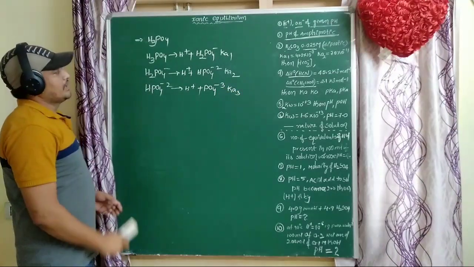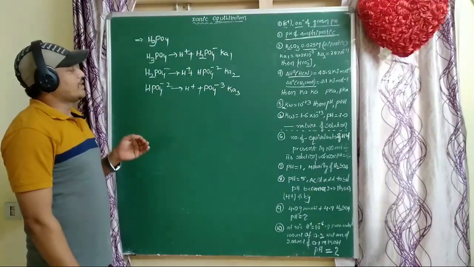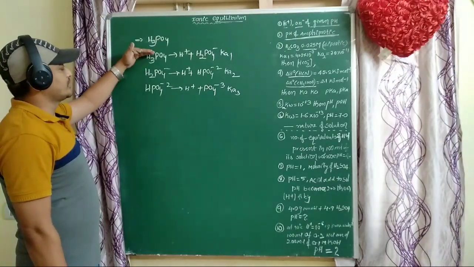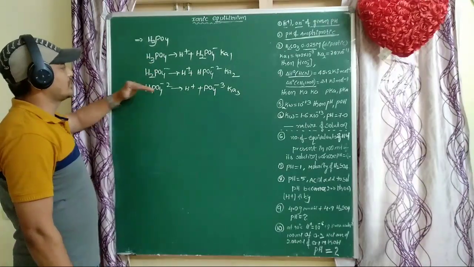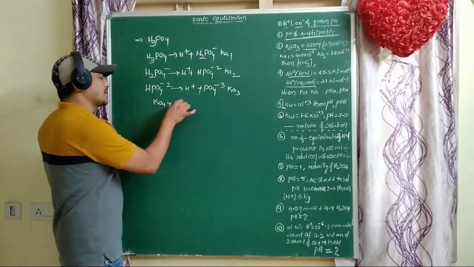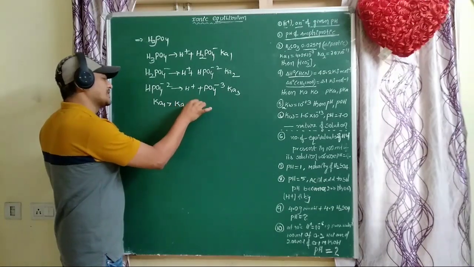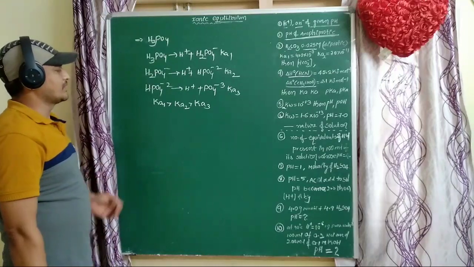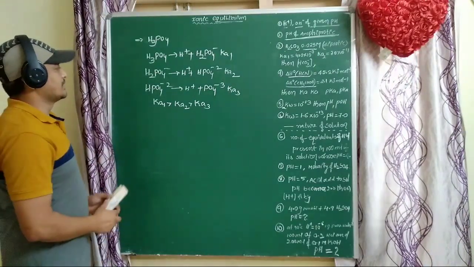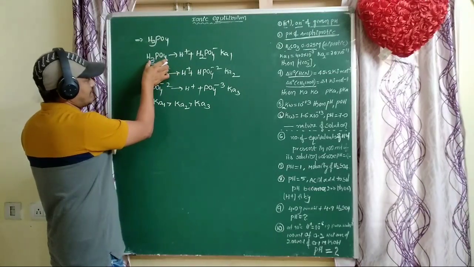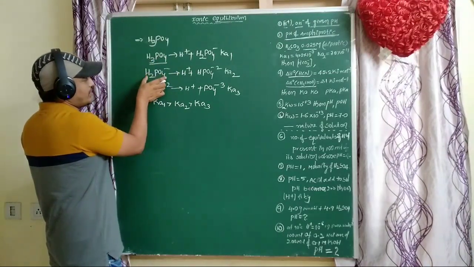So here Ka1, Ka2, Ka3 are the first dissociation, second dissociation, third dissociation. In this, Ka1 is always greater than Ka2, and Ka2 is always greater than Ka3. Here this is the acid, it gives H plus ion, so it acts as an amphoteric compound.